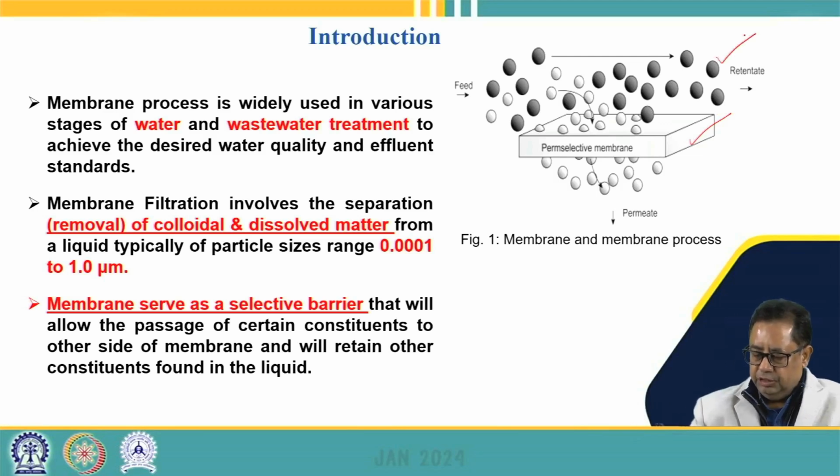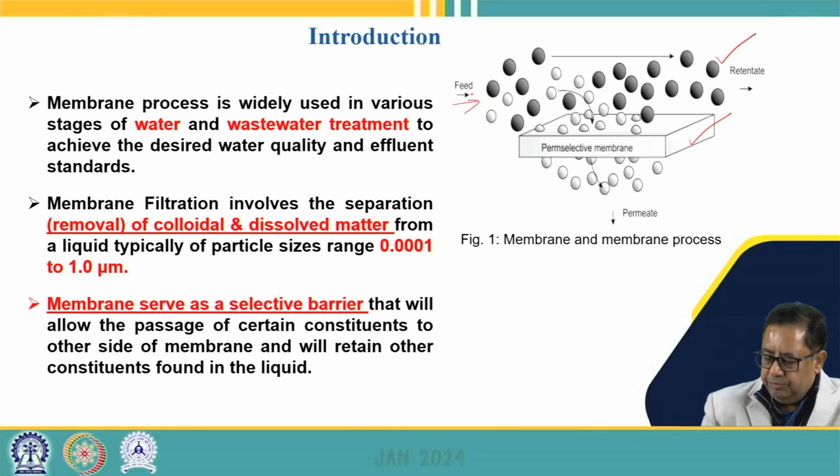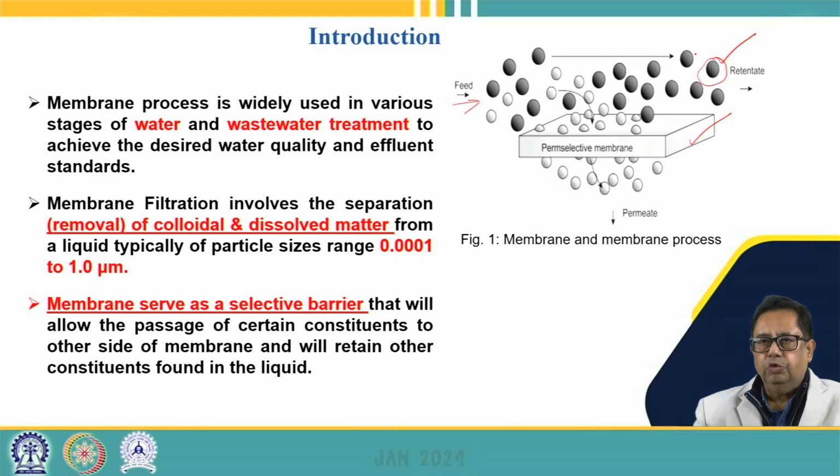For example, the feed is coming to the membrane, and this feed may contain a number of constituents, and let's say the constituents which are bigger in size, which we want to remove, do not pass through the membrane.